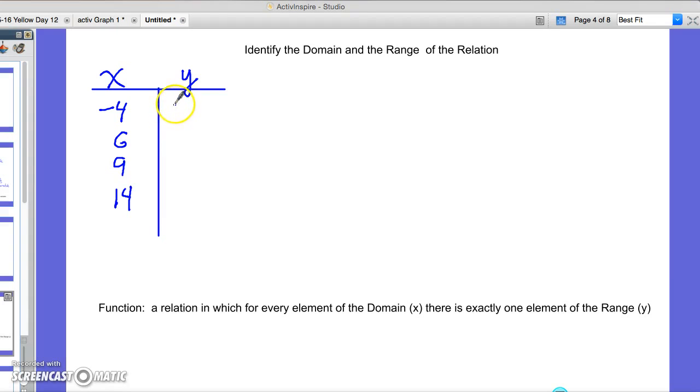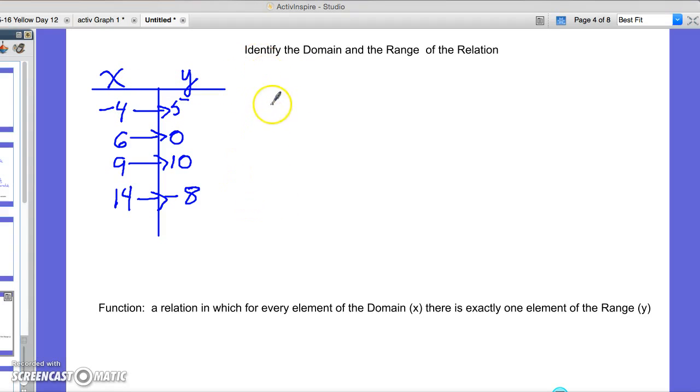They can be any ones we want. 5, 0, that should be a 6. 10, maybe -8. All right, this is a relation because my x's are paired with y's. All right, so this is a relation.